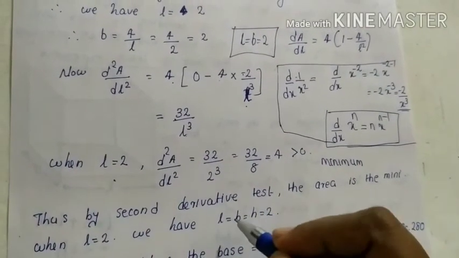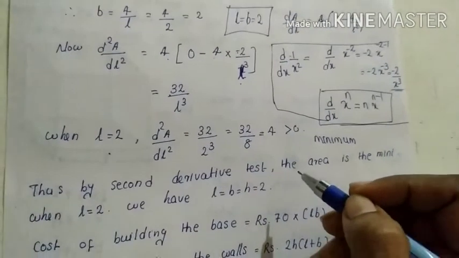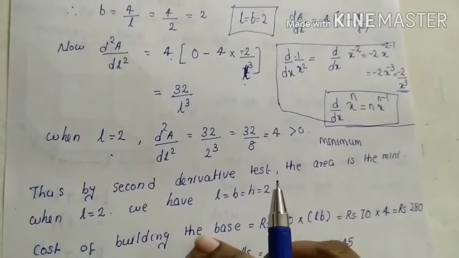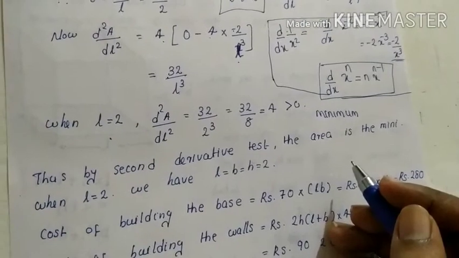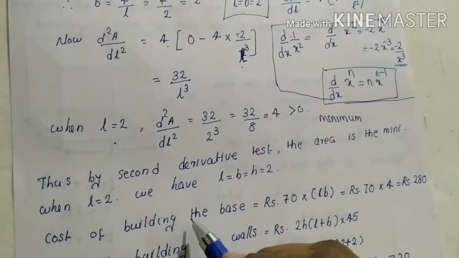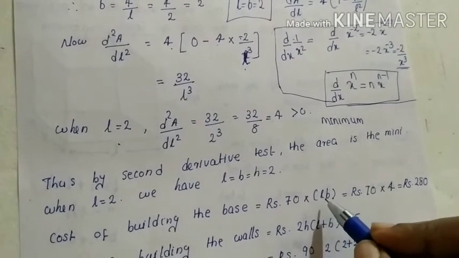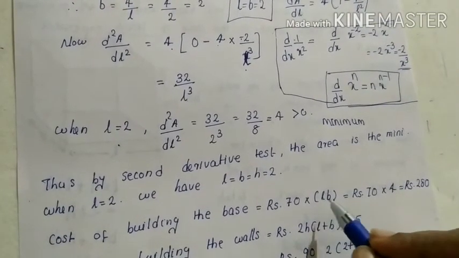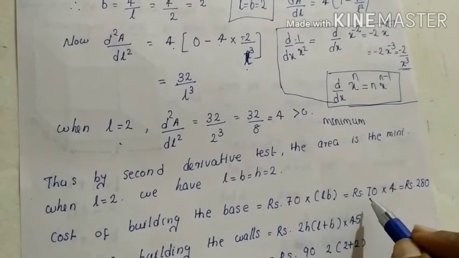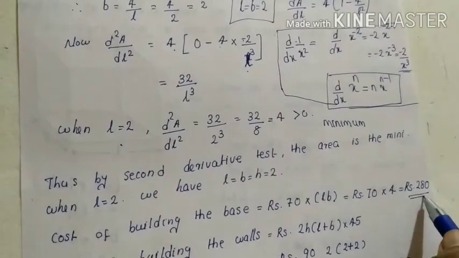Okay, so we have L equal to B equal to H equal to 2. Now the cost of building the base: we have already been given in the question that the cost of building the base is 70 rupees per unit area. The base has area L into B, which is 4. So multiplying it with rupees 70, we get the cost of building the base as rupees 280.